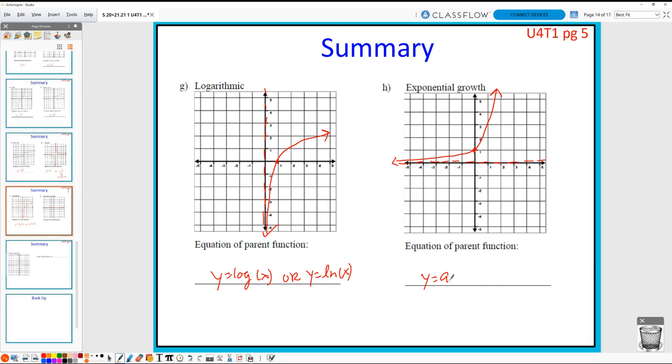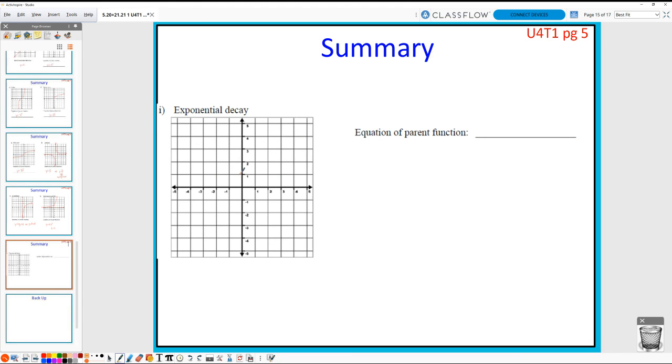Now, both my growth and my decay will look the same, but the big difference is my b must be greater than 1 for growth, and for decay, it still has a horizontal asymptote, but b in this case must be greater than 0 but less than 1 to get decay. So that's the big difference.